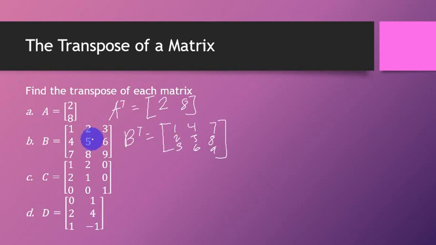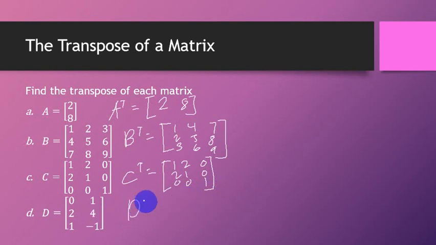Pause the video and try to see if you can find C transpose and D transpose. Alright, so for C transpose, we're going to have 1, 2, 0, 2, 1, 0, 0, 0, 1.